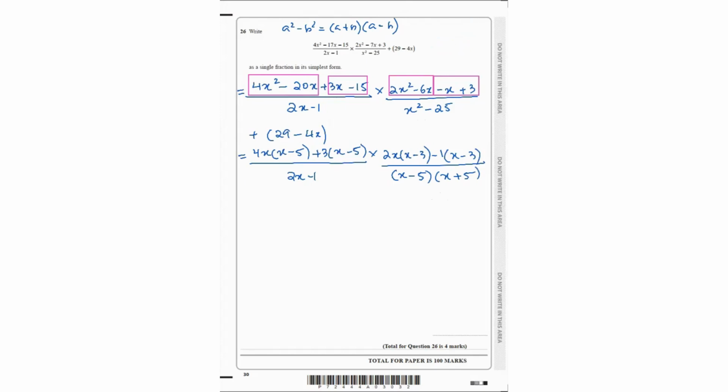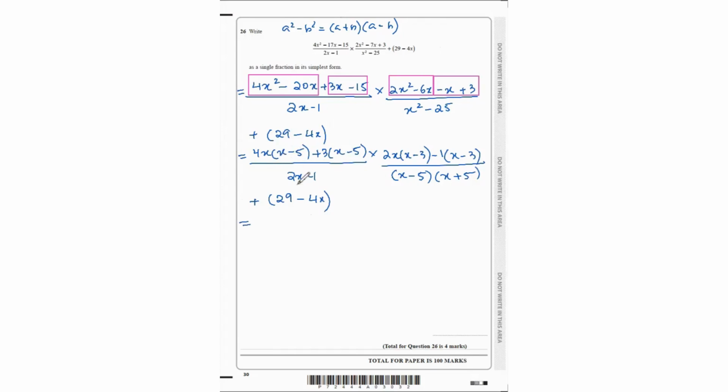Based on what we have, x squared minus 25: 25 is 5 squared, and x squared is x being squared. So it becomes x minus 5 times x plus 5. And then we have plus 39 minus 4x.